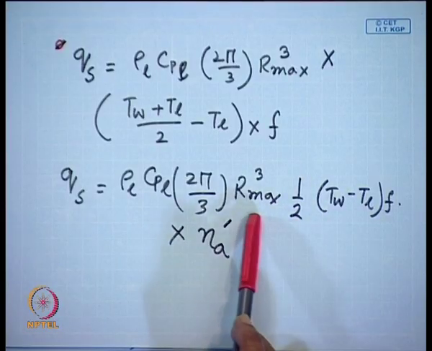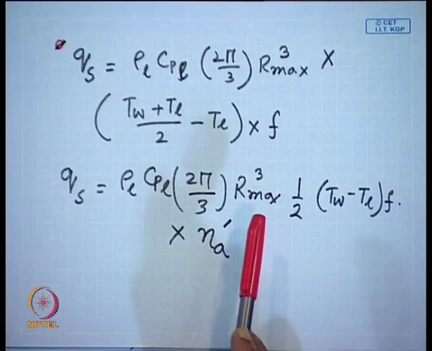As the pan surface temperature increases and the subcooling of the bulk liquid decreases, only then do you get bigger and bigger bubbles as you go towards saturation. So this is increasing, but R max will decrease.